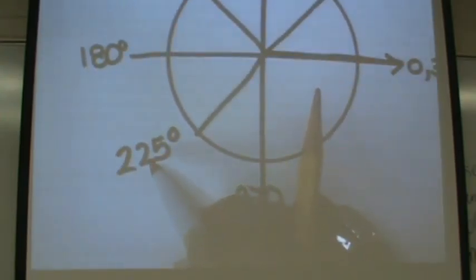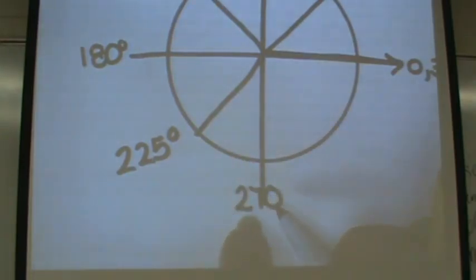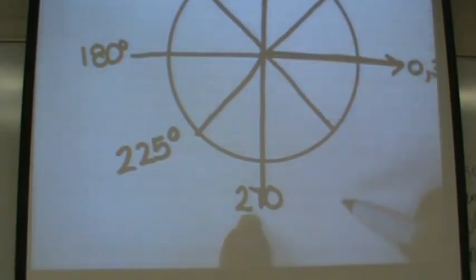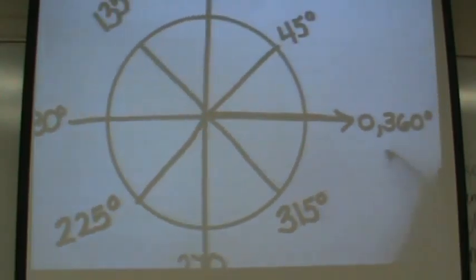Add 45 to 225, you should get 270. Add 45 to 270, what do you get? 315. And add 45 to 315, you get 360.